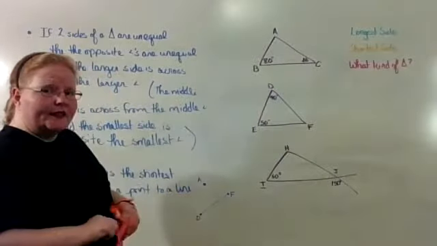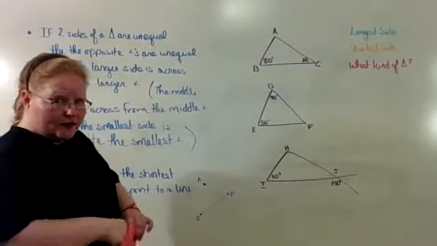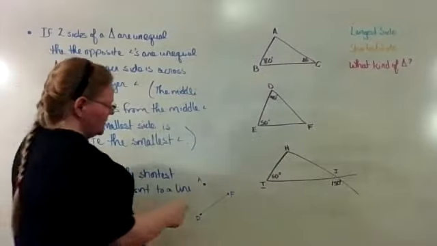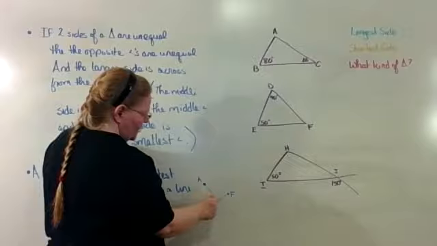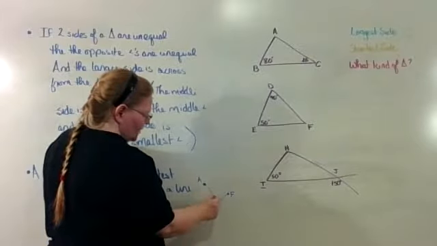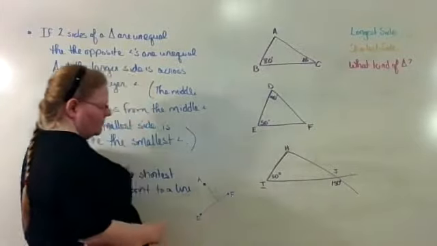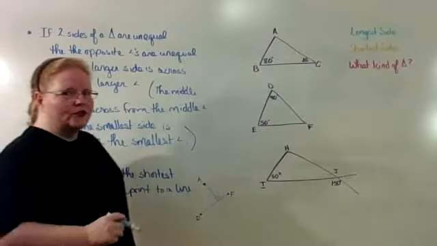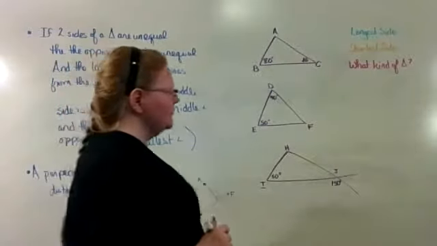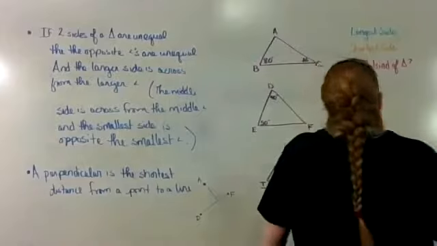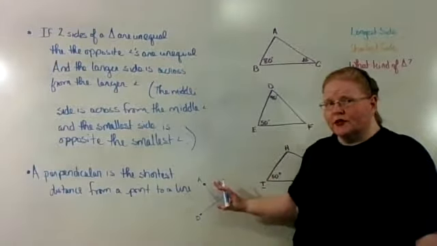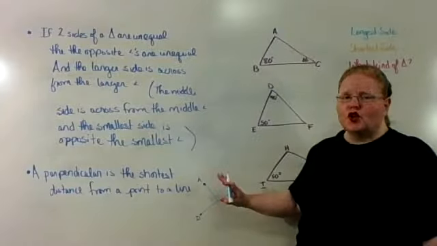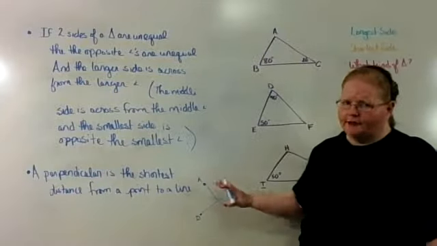But the one that's going to end up being the shortest is the one that drops down directly to that line, which is always going to be the perpendicular. That's always going to be the shortest. Okay. Not excruciatingly useful in the homework yet. Will be so super useful in the homework later.